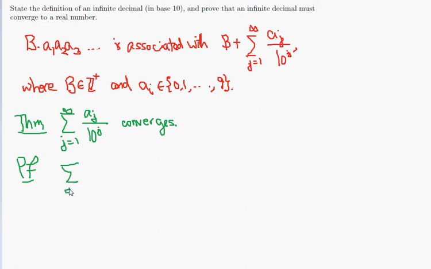Summation j equals 1 to infinity a sub j over 10 to the j. If I take the absolute value of this, well, it's always positive, so the absolute value just goes away because the a's are positive and 10 is positive.